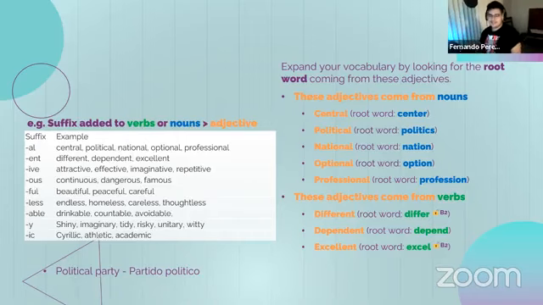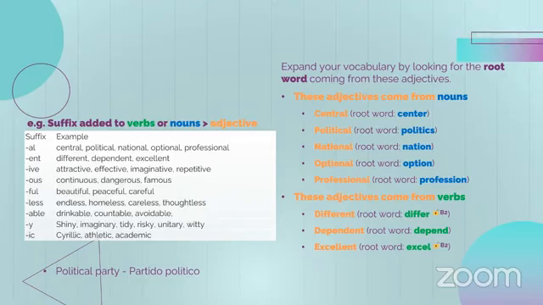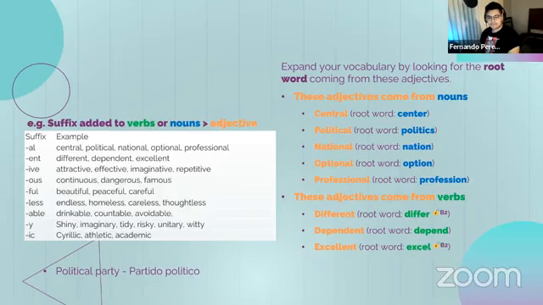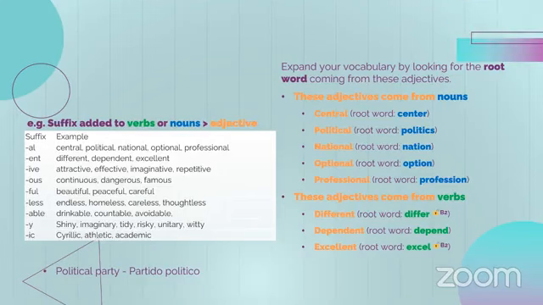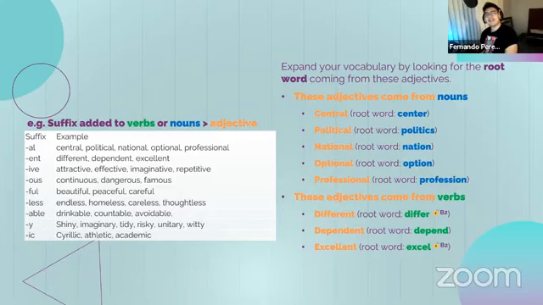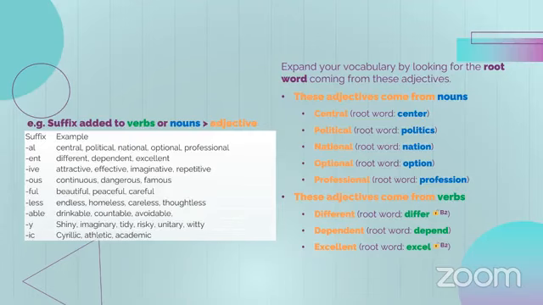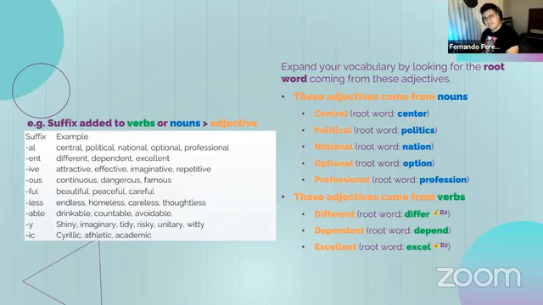Perfect. Continuous is an adjective. It comes from the root word continue. Very good. Which is a verb. Excellent.